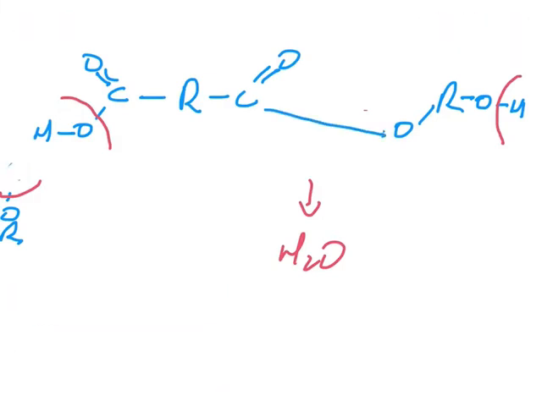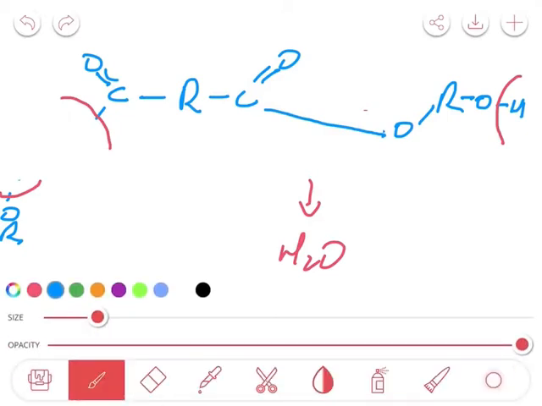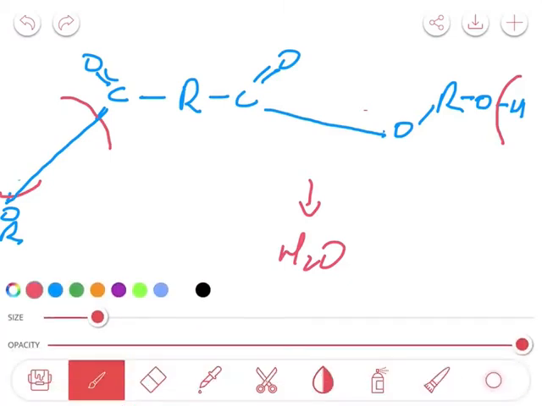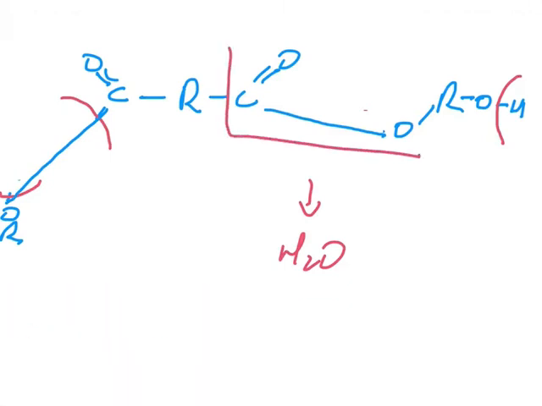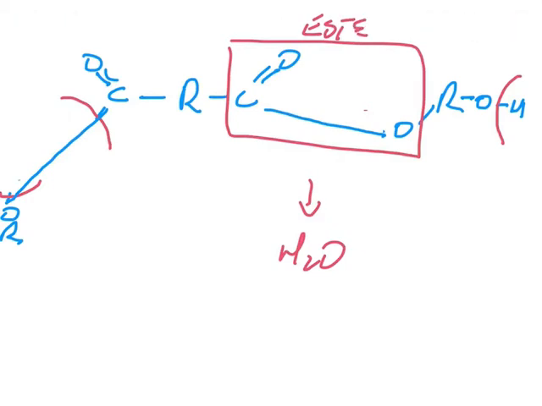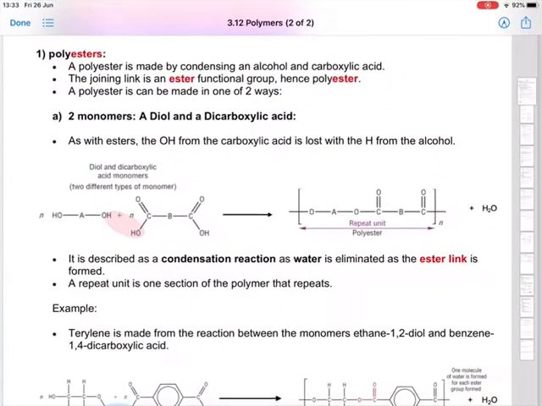Okay, and if I do the same over here, I've just managed to squeeze another link in there. Join that to that O there. I hope you can see that what we've got is an ester. So we call this a polyester. Okay, so I'll go back to the notes and we can have a little think about that one.